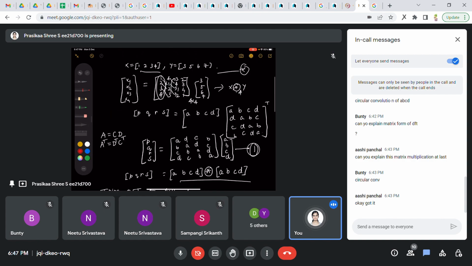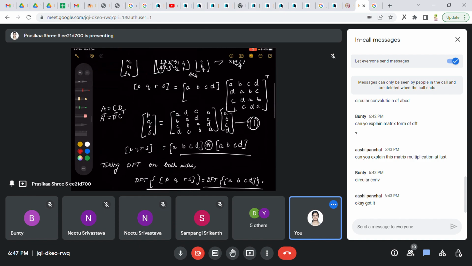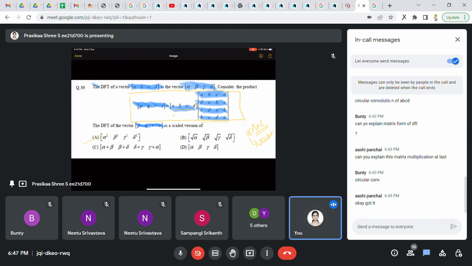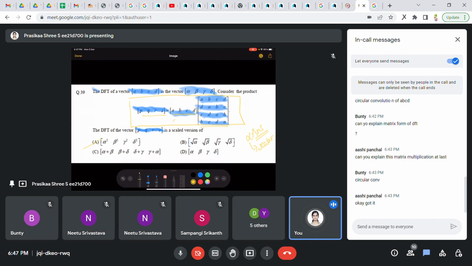So now if we go here, we have some random relation between PQRS and ABCD. But this seems to resemble something like a circular convolution. For that to happen, just take a transpose. This should be a column vector.